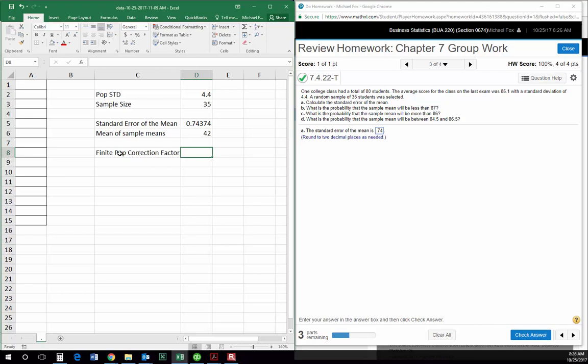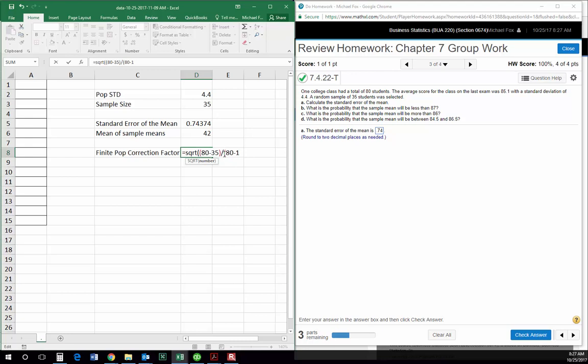The formula for this is on page 313 in the book, but it equals the square root of big N, which is the number in the population, so 80, minus little n, which is the number in the sample, divided by big N, which again is 80 in this case, minus 1.